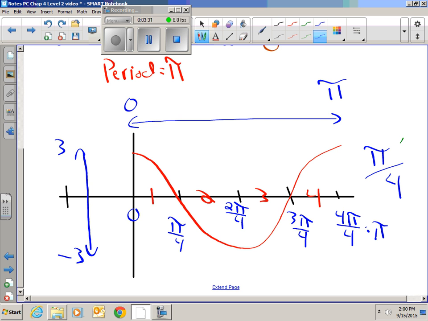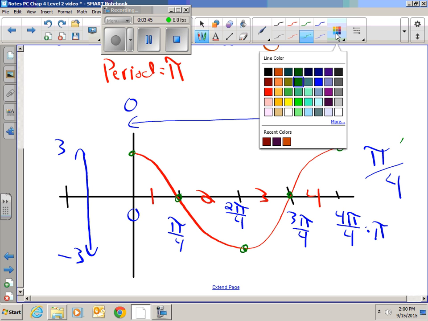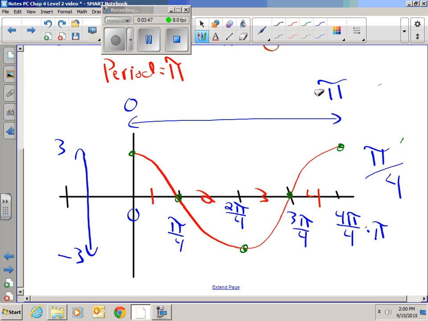So right now, I can label each of my critical points with its ordered pair. This point right here is 0, 3. This point is pi over 4, 0.